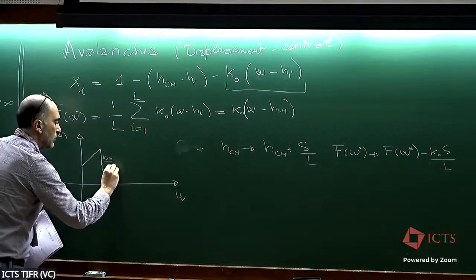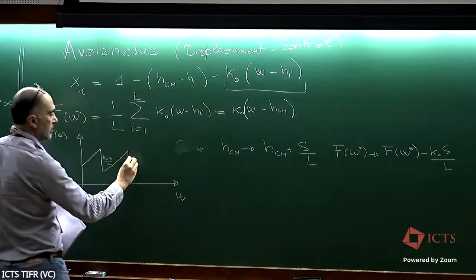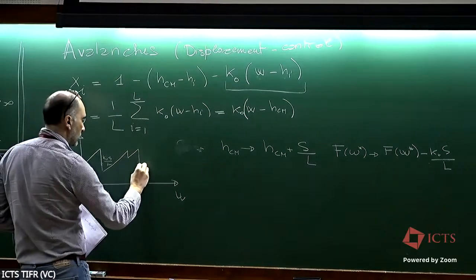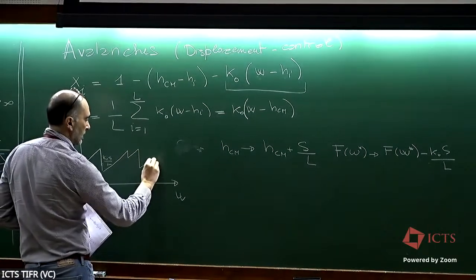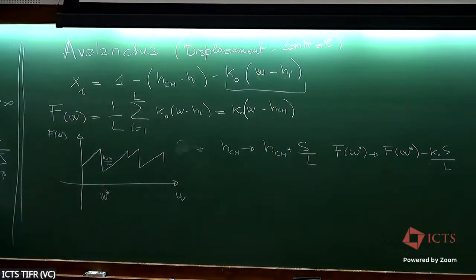And then you continue to go up, then you go down. This is another avalanche. Then you go up, you go down, you go up, you go down, and so on. So you oscillate around a given value.